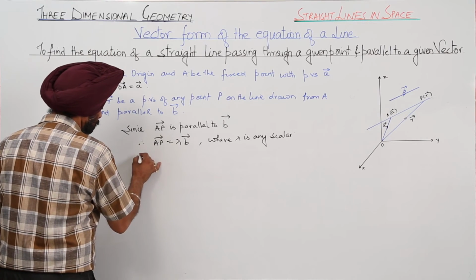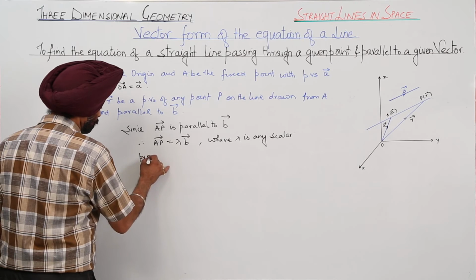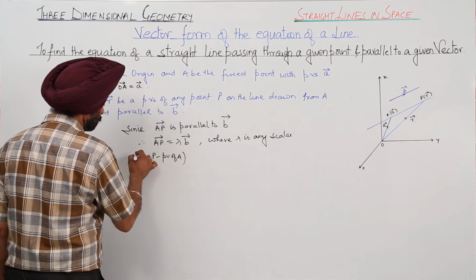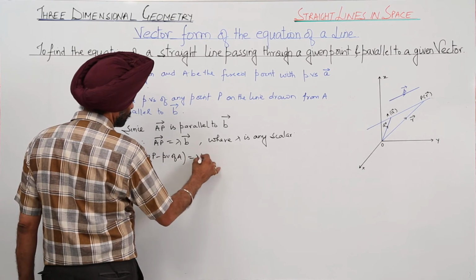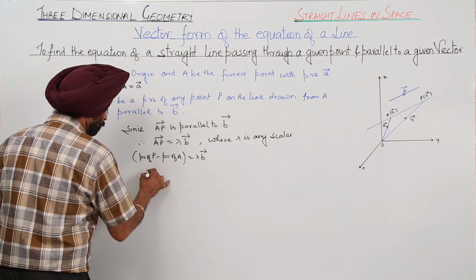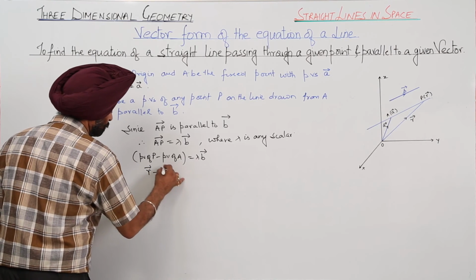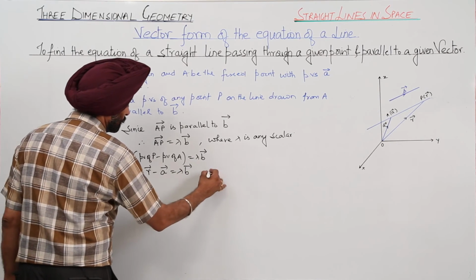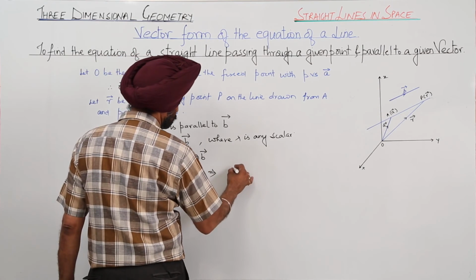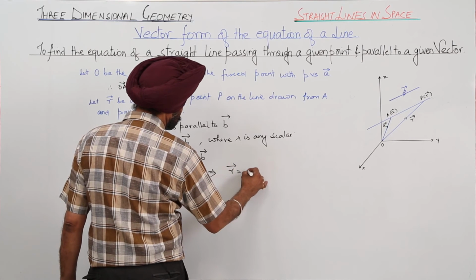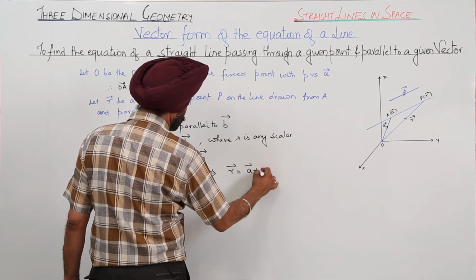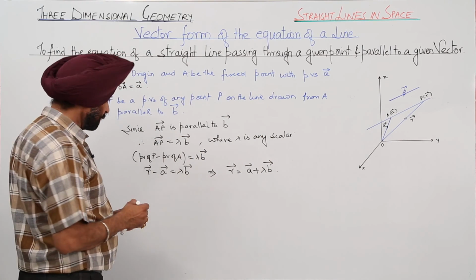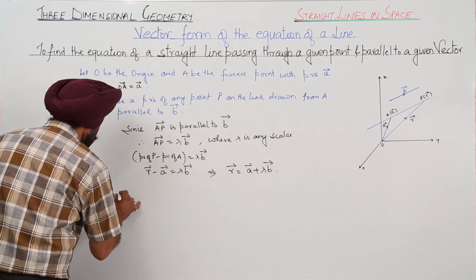We will be writing position vector of P minus position vector of A is equal to lambda vector B. Position vector of P is vector R, so vector R minus vector A is equal to lambda vector B, and this implies vector R is equal to vector A plus lambda vector B.